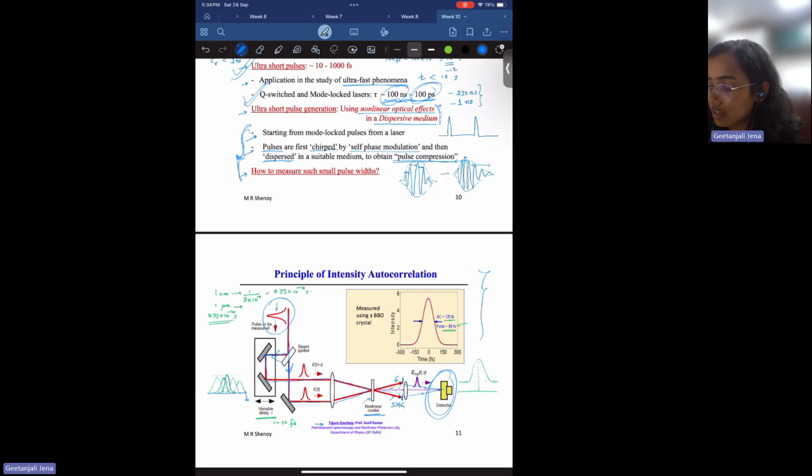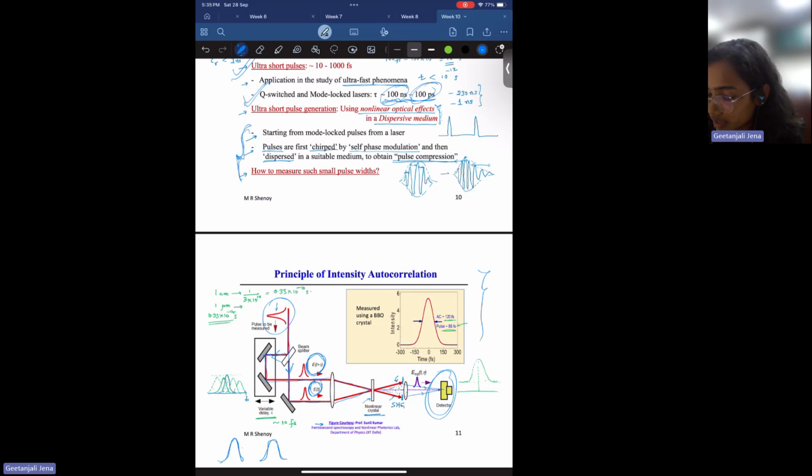Okay, and so let me give a brief overview. What we do during intensity autocorrelation is change the time delay, the pulse delay, between these two parts. One pulse is coming like this, and there is another pulse where we are changing the time delay.